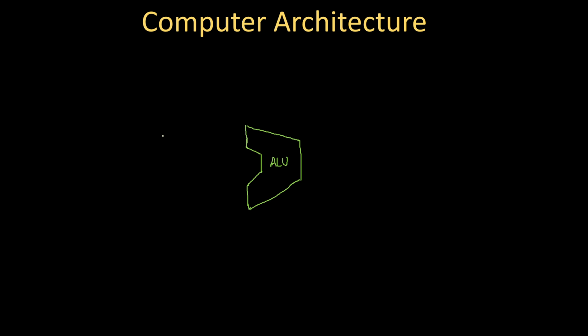If this is an ALU, it needs two data inputs. Two registers are there at the input of the ALU, from where the data on which the ALU will work, that may be addition, subtraction, doesn't matter. Before operating within the ALU, the data is stored in these two registers. One of them is named accumulator. You might have heard the name. Another is called data register. I will draw the connection later.